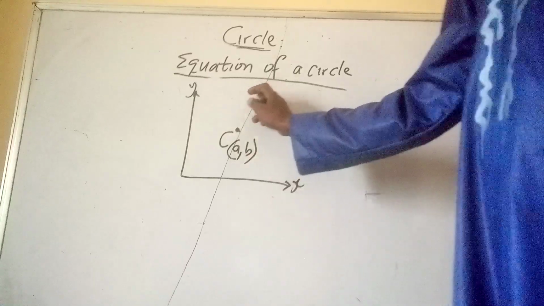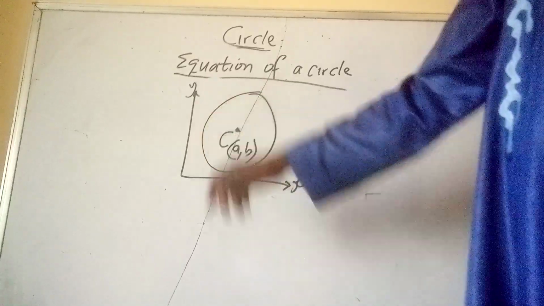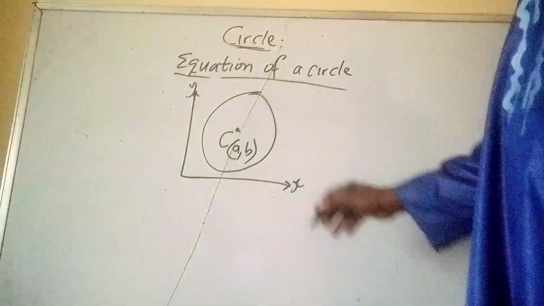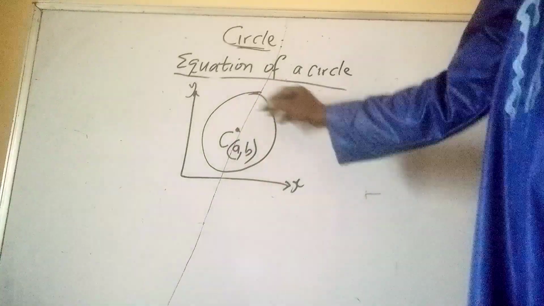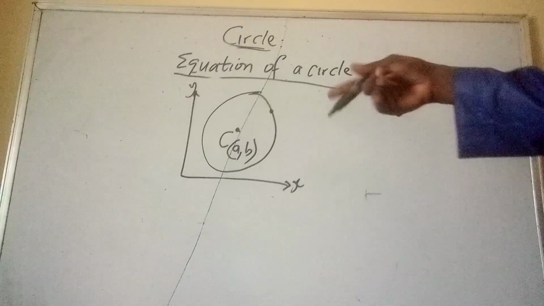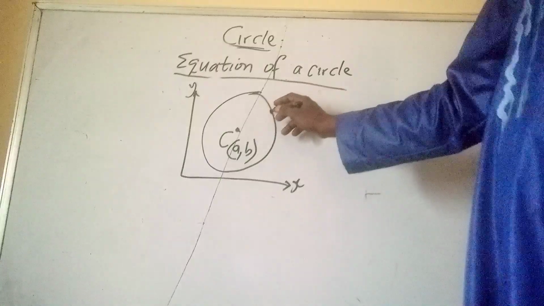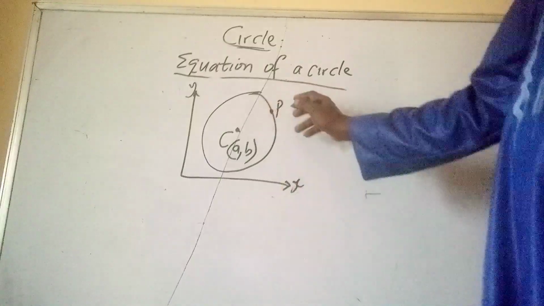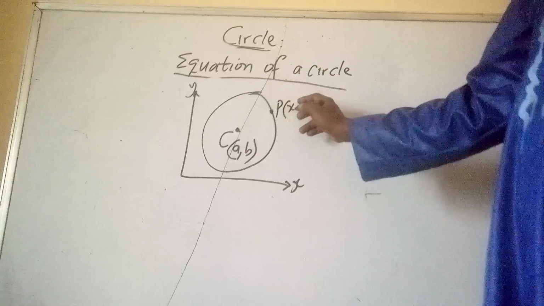Now, let's assume this is a circle drawn. Then let's pick a point on the circumference of the circle. Let's call that one point P with coordinate X, Y.